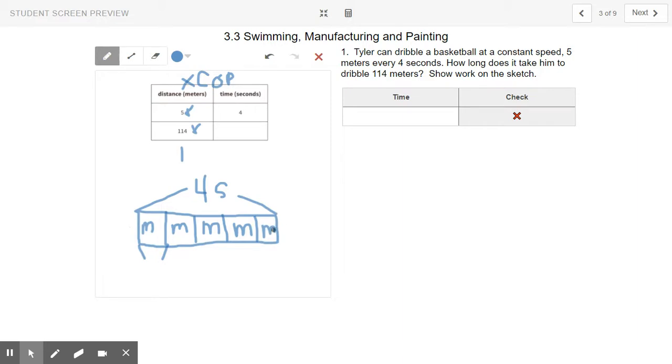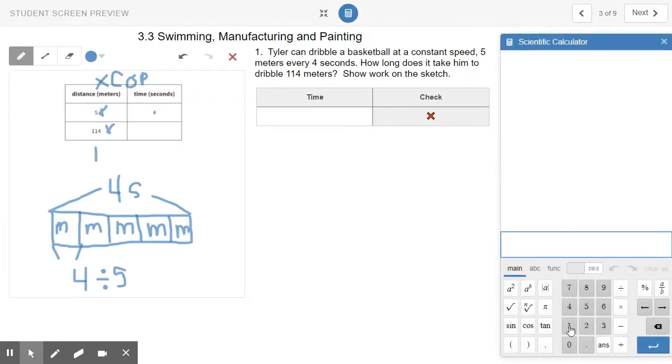We've got 4 seconds, right? And we want to know what this one piece is. So we're taking that 4 and dividing it into 5 equal pieces. So when I take the 4 seconds and divide it by 5, you've got to make sure you do it properly in your calculator. It's 4 divided by 5, not 5 divided by 4. So 4 divided by 5 is actually 0.8.